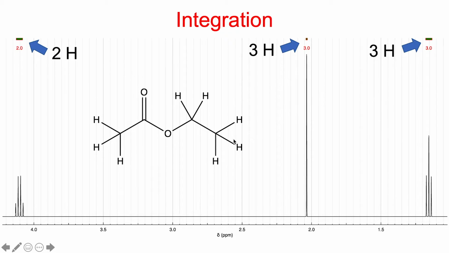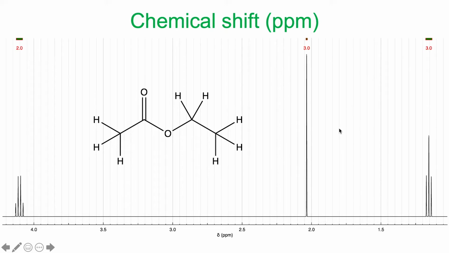What we don't really know at this point is which peak these 2 types of hydrogens belong to. So this one here and this one here, because they both have 3 hydrogen, and as you can see, the integration of these 2 peaks are also 3. Okay, so we're just piecing together the puzzle here. The last principle here is chemical shift, and this is what will allow us to decipher which peak belongs to which.